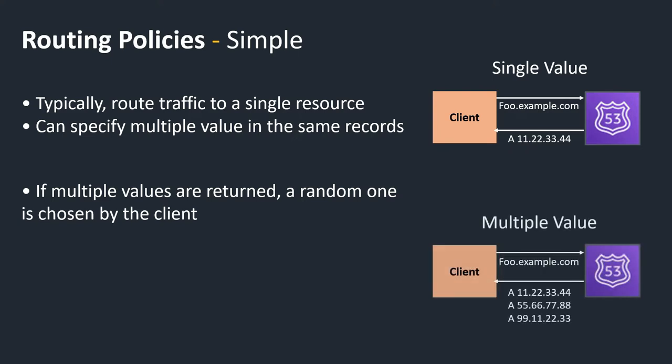In this example, we have the client asking again for foo.example.com, and Amazon Route 53 will just reply with three IP addresses embedded into the A record, and then the client will pick one of them randomly and apply it for the routing.